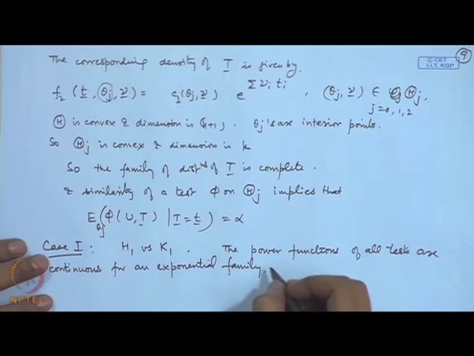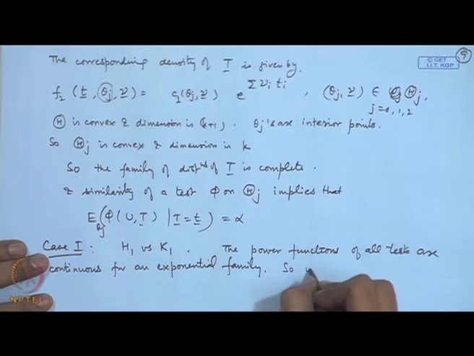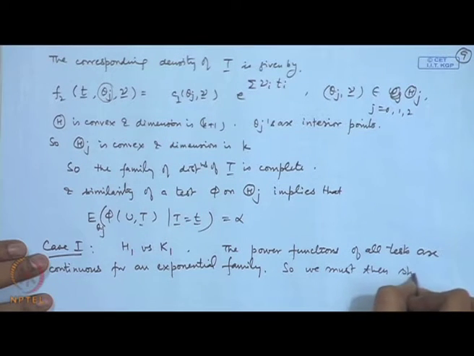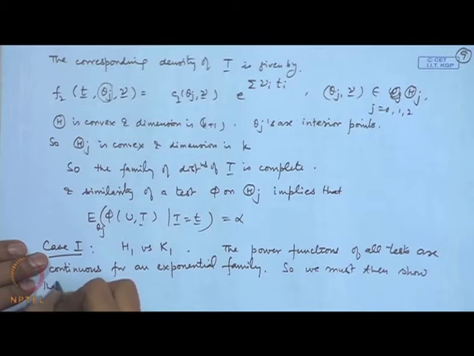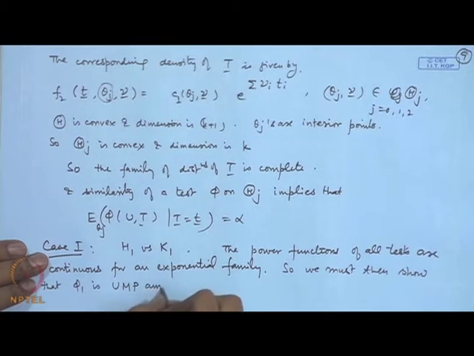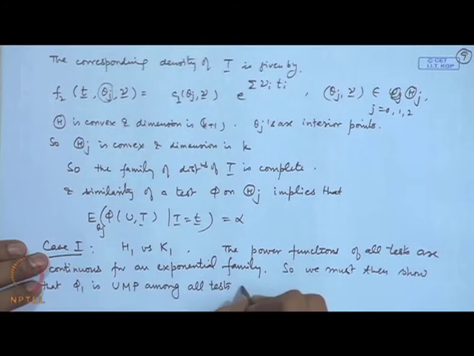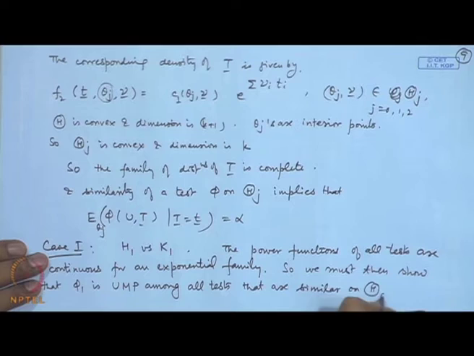So, we must then show that phi 1 is UMP among all tests that are similar on theta naught.